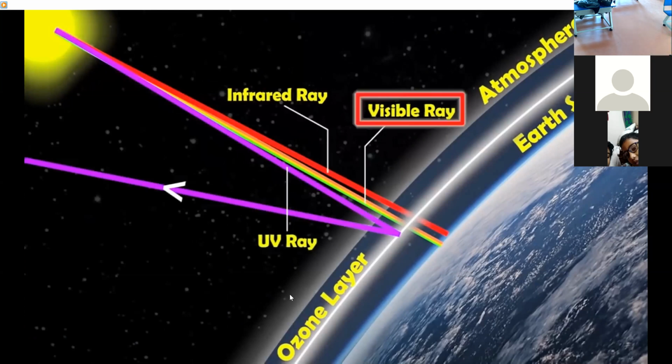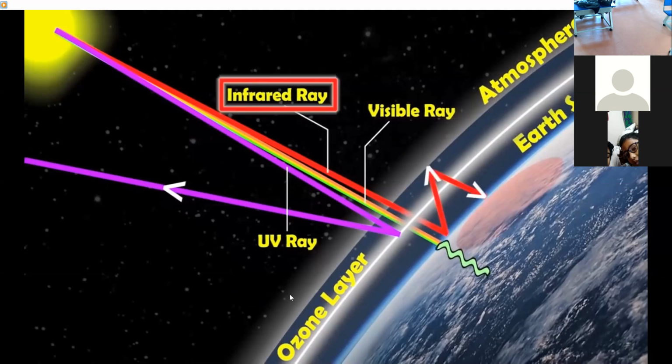Of the remaining rays reaching the surface, part of it is absorbed by the Earth, and some, especially the infrared waves, are reflected back into the space. But some gases in the atmosphere trap this heat radiation and re-emit it to the surface, which leads to heating up of the environment.